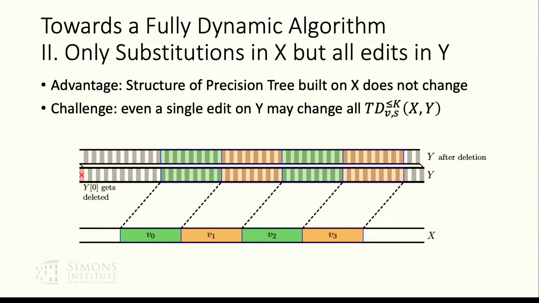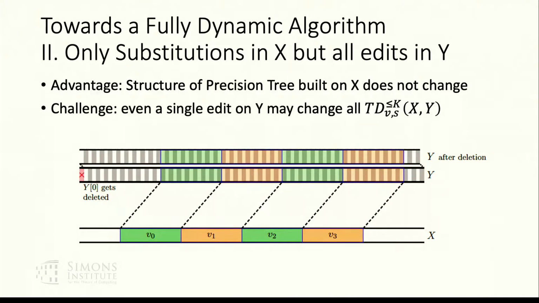But now there is a big challenge here. If you delete one symbol of Y, suppose you deleted the first symbol of Y, then the string shifted, right? Take any node in X: whatever you were comparing before, you are now comparing to something else, like this dark green, light green.